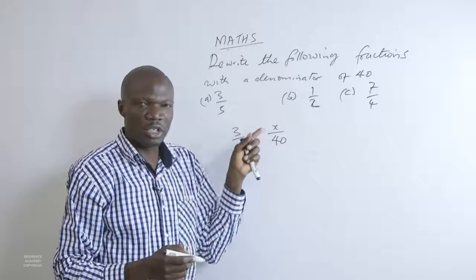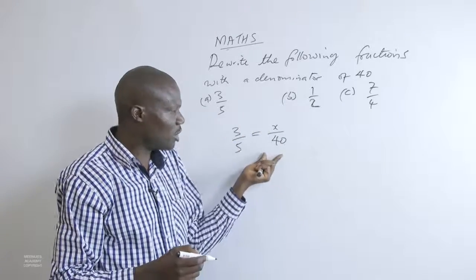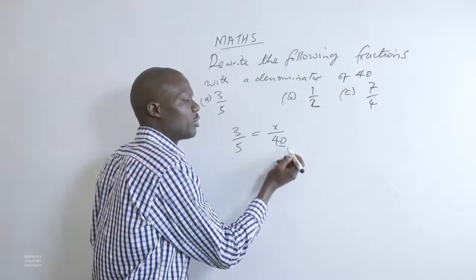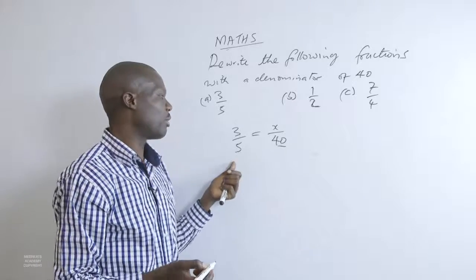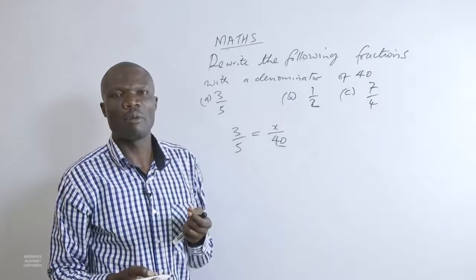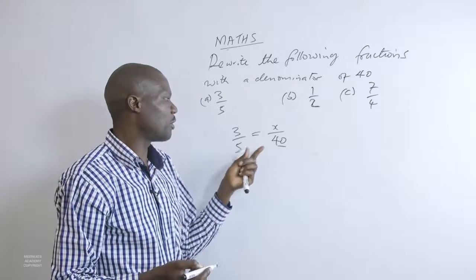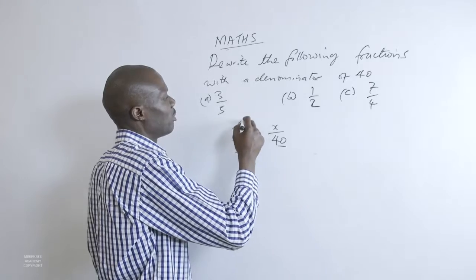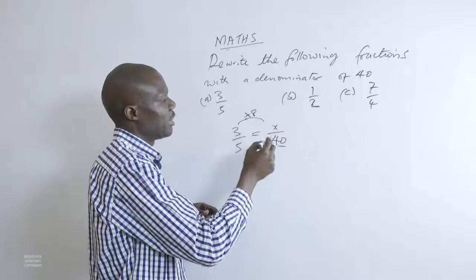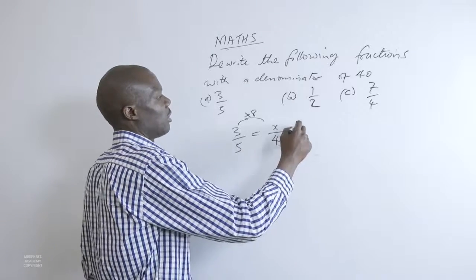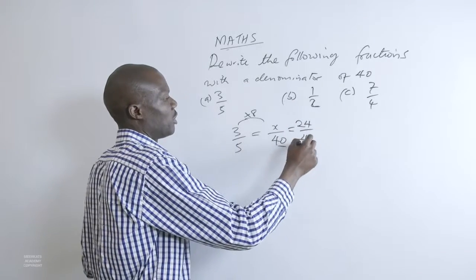To get the unknown numerator, because the denominator must remain 40, we take the new denominator divided by the first denominator, which is 40 divided by 5. And 40 divided by 5 is 8. Therefore, we multiply the numerator by 8 to get x, and this gives us 24 over 40.